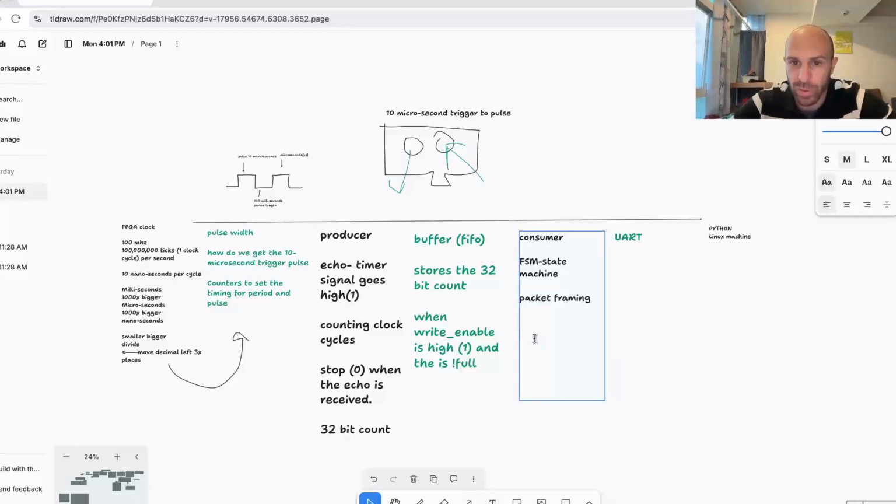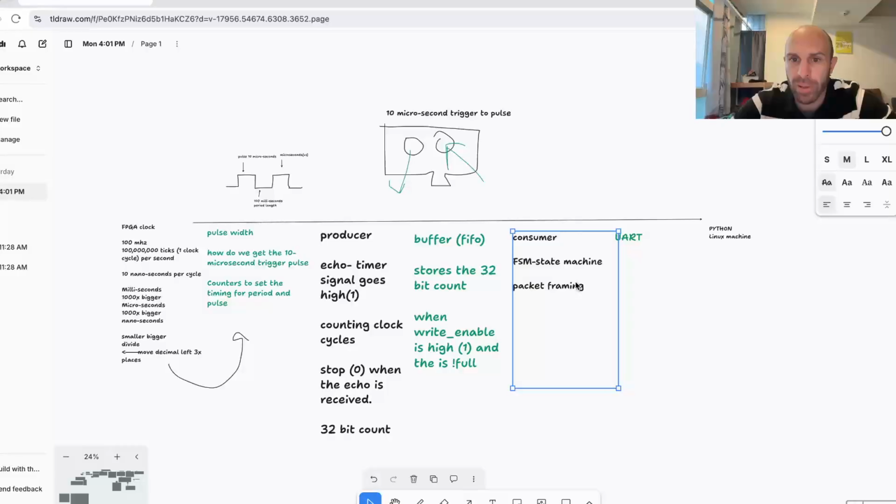I'll show you what that is now. Packet framing. We have 32 bits. We need to convert to 5 bytes, which is 40 bits, so it's enough that it can hold the data.